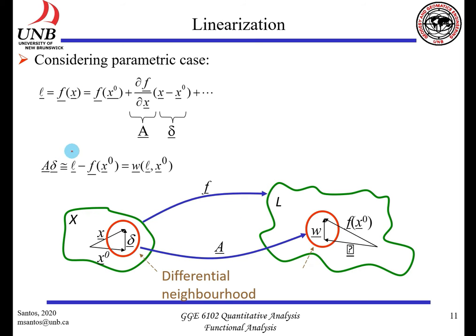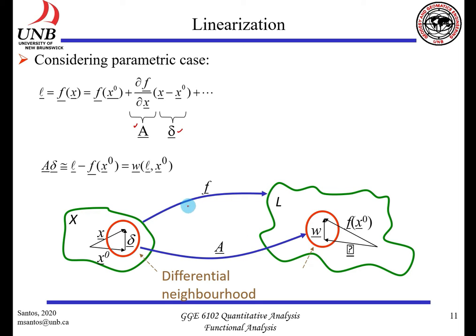If we have a non-linear case, what we do is we linearize using Taylor series expansion, and this is going to yield the first design matrix, the solution vector, and we have L minus f of x naught, which is nothing else but our misclosure.